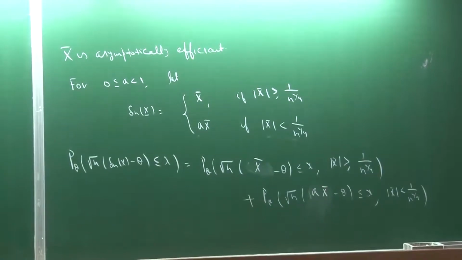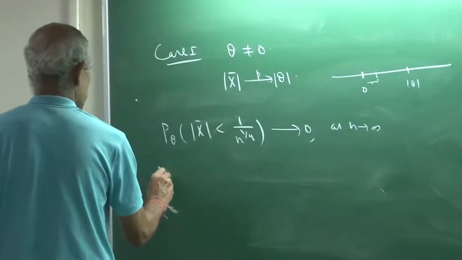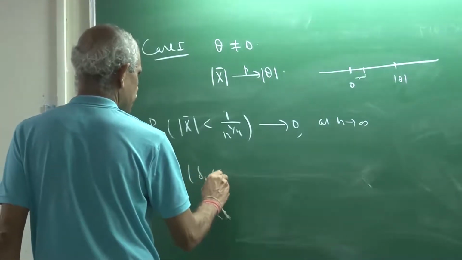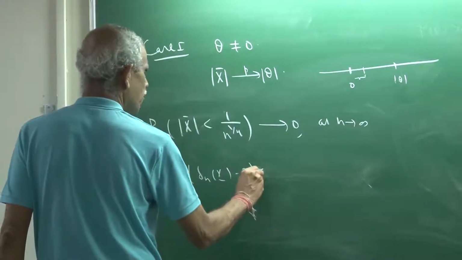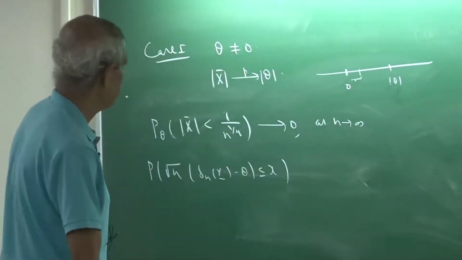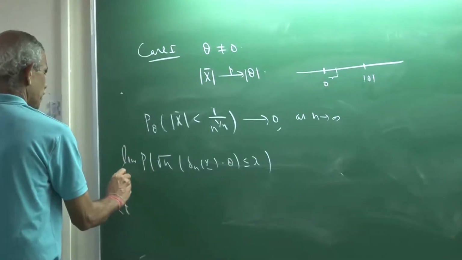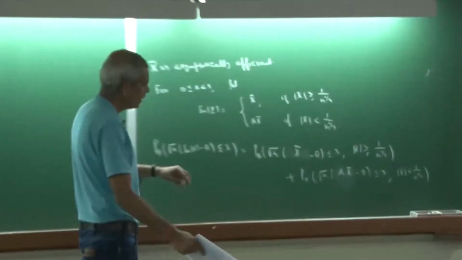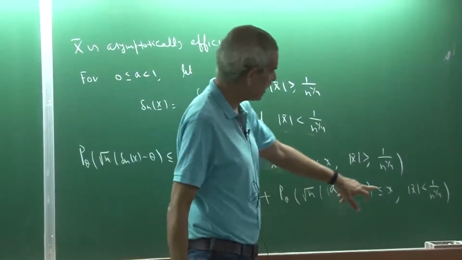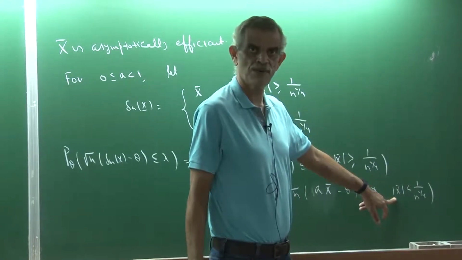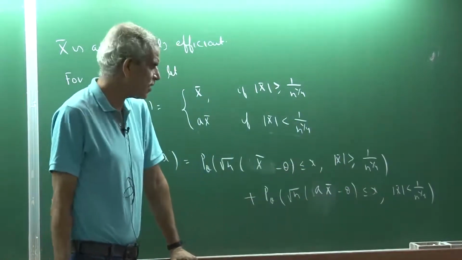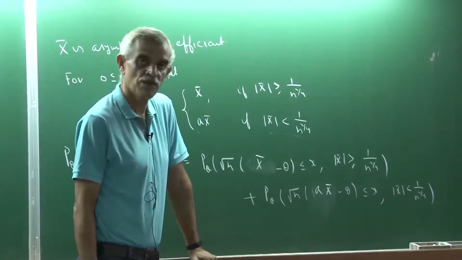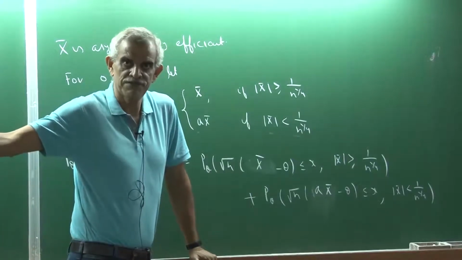So probability that root n x bar minus theta less than or equal to x, and mod of x bar less than 1 upon n to the power 1 by 4. As n goes to infinity, what happens to this? The probability of this would be less than or equal to the probability that mod of x bar is less than 1 upon n to the power 1 by 4, because probability of A intersection B is less than or equal to probability of A. So this joint probability would be less than or equal to probability mod of x bar less than 1 upon n to the power 1 by 4, and that is going to 0.